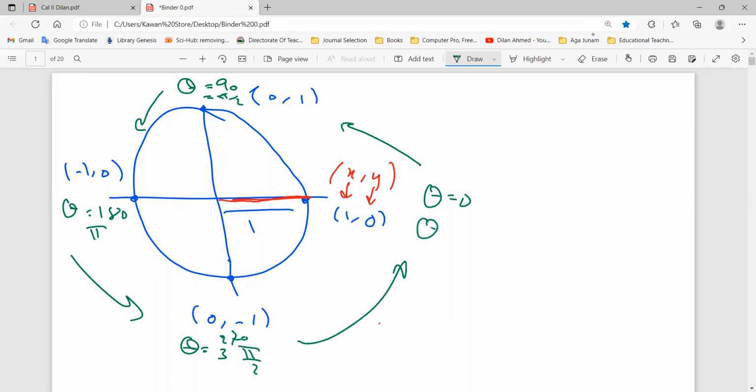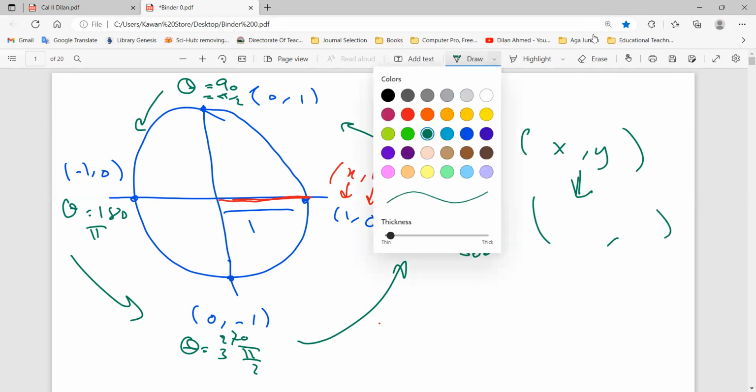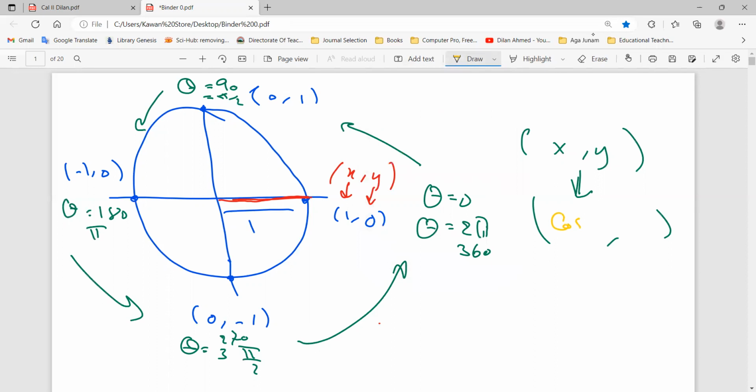Then later you will get 2 pi, which is equal to 360, right? And do not forget that when we have a transformation between x and y, the x location will be cosine of theta, and the y location will be sine of theta. So we have cosine and sine, x and y.